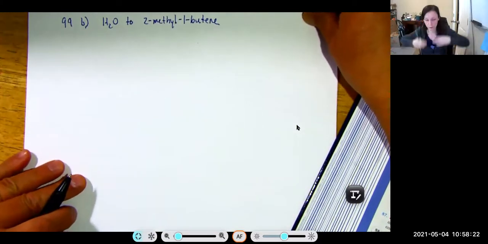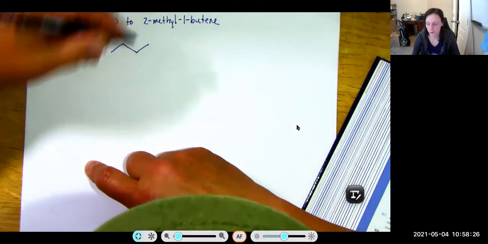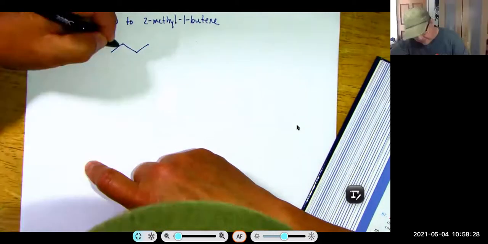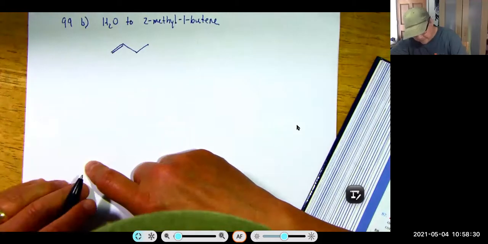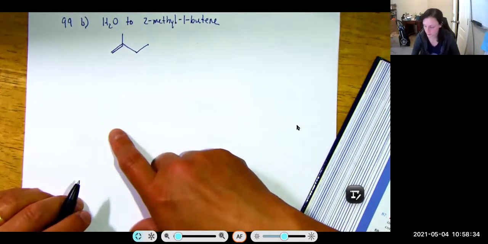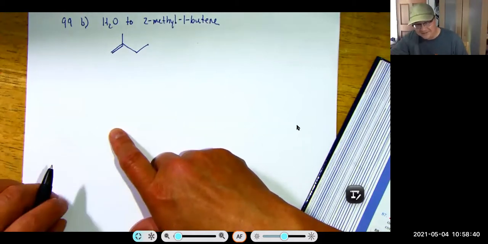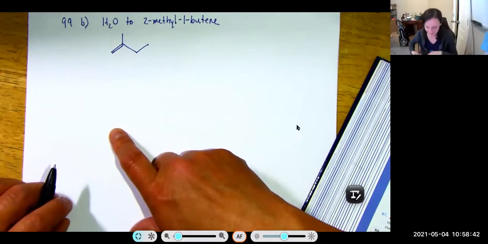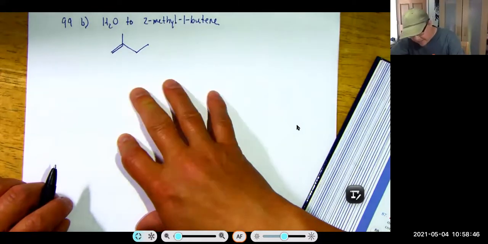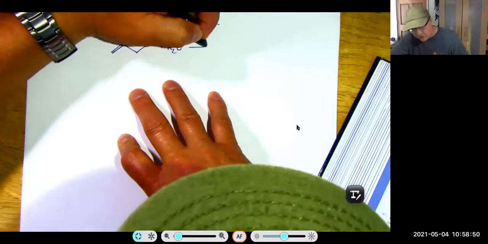So I have our 4-carbon chain with the alkene on the first carbon and a methyl on carbon 2, something like that. Precisely. Don't you love these line drawings? Yep. They're efficient. Okay, now we're going to add H2O and we're going to get two products.